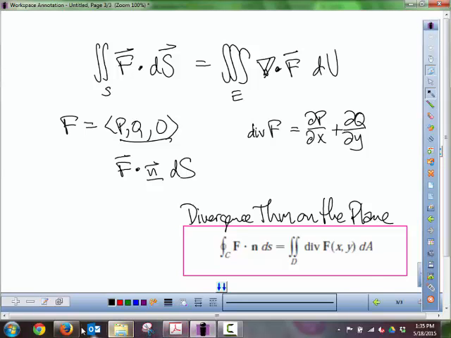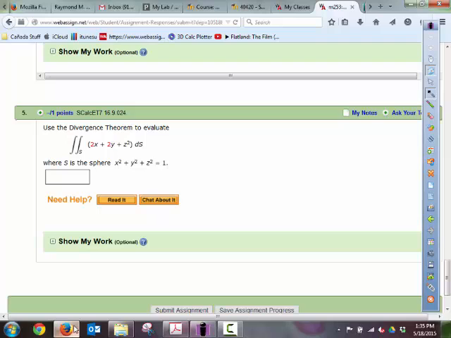So that last problem, let's go back to this last problem. Yeah, what is this? You guys might have to read about that.